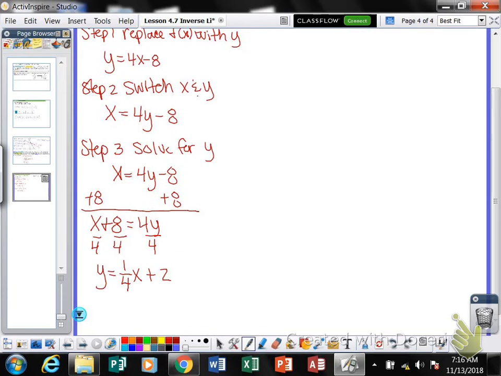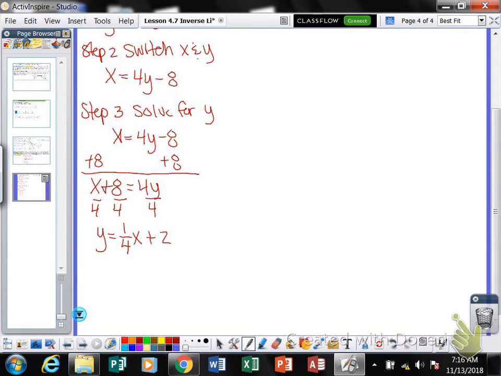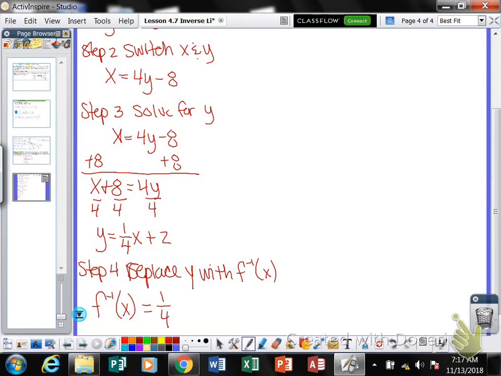And then the last step, step 4, would be to replace y with the inverse, f^-1(x). So our final answer is f^-1(x), so that means inverse. The inverse is 1/4 x plus 2. So if you can follow those 4 easy steps, this shouldn't be a problem.